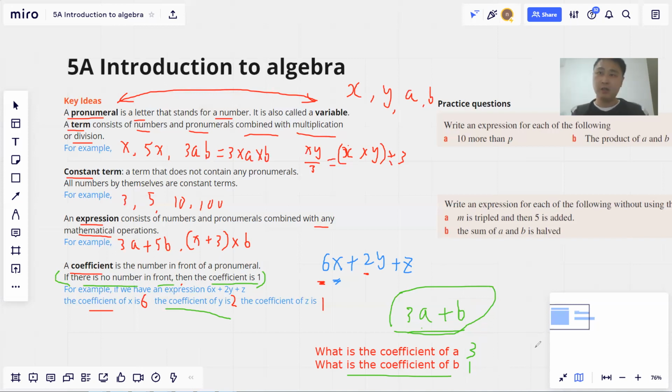The coefficient of b is only 1. Does this make sense? We just look at the letter b, and after the plus, it only says plus b, so there's no other number, so the coefficient is 1. That's how we do it.